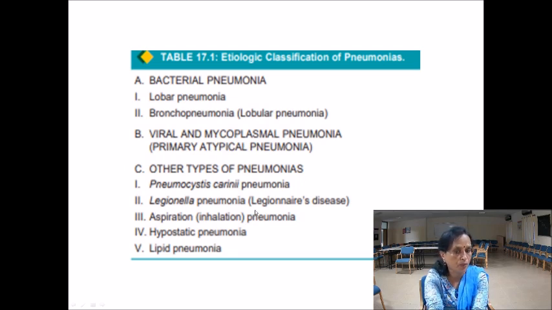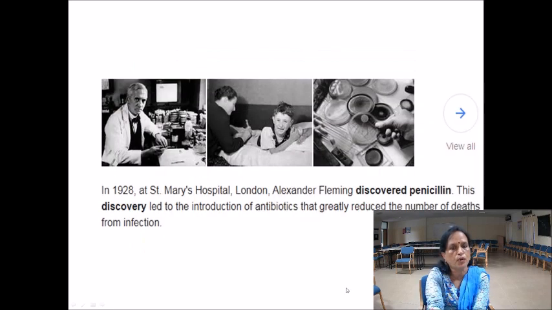Legionella pneumonia, caused by Legionella pneumophila, Legionnaire's disease, spreads through the air conditioning system. Aspiration pneumonia, where food may enter or some particles are inhaled. And hypostatic and lipid pneumonia. This is based on etiology.